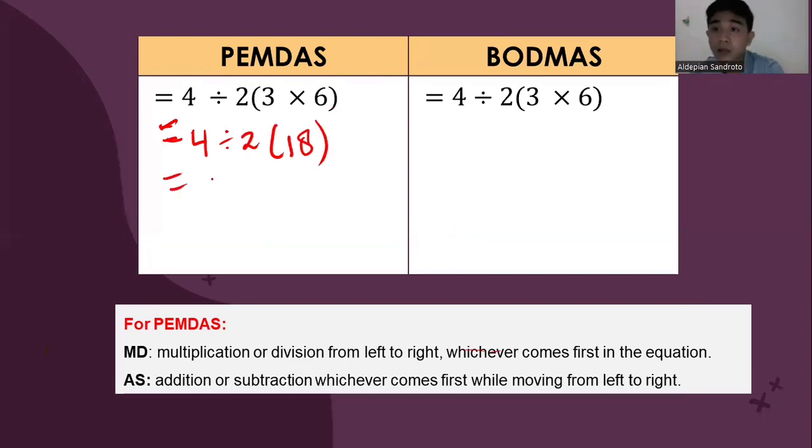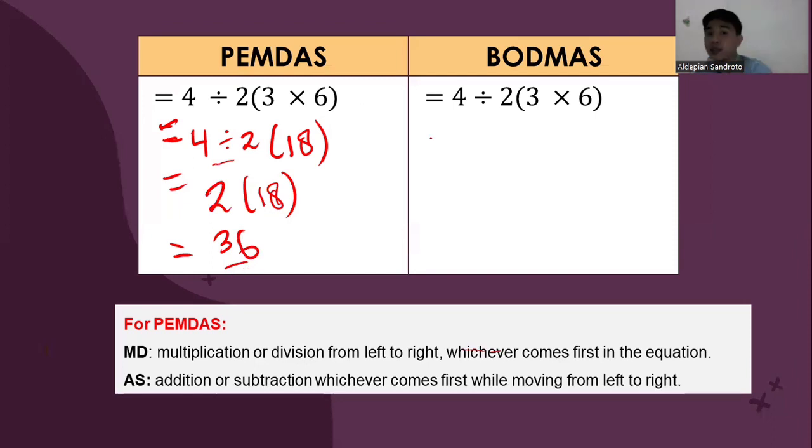The next will be division. Why? Because in the PEMDAS rule, no matter if it is multiplication or division, we start from left to right. So the first is division: 4 divided by 2 equals 2, and then times 18 equals 36, right?